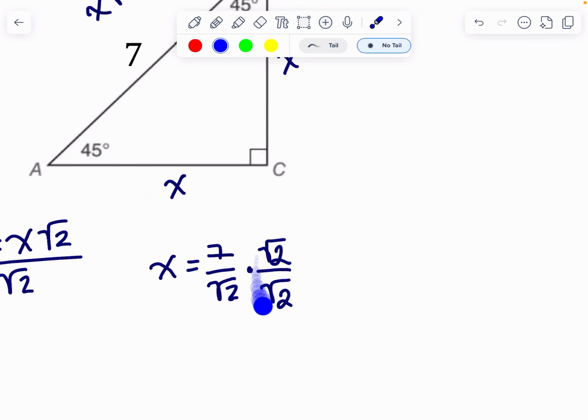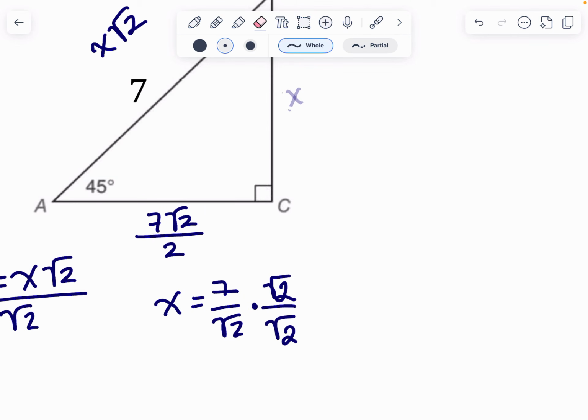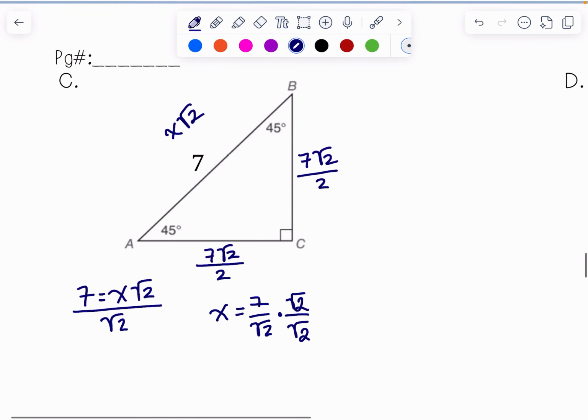It's 1 because it actually reduces down to 1. So when I multiply, it doesn't change the value of my whole side length. Therefore, the final answer for the side length here would be 7 square root of 2 over 2. If that's this side, that is also this side, because that's the big quality of the 45, 45, 90.